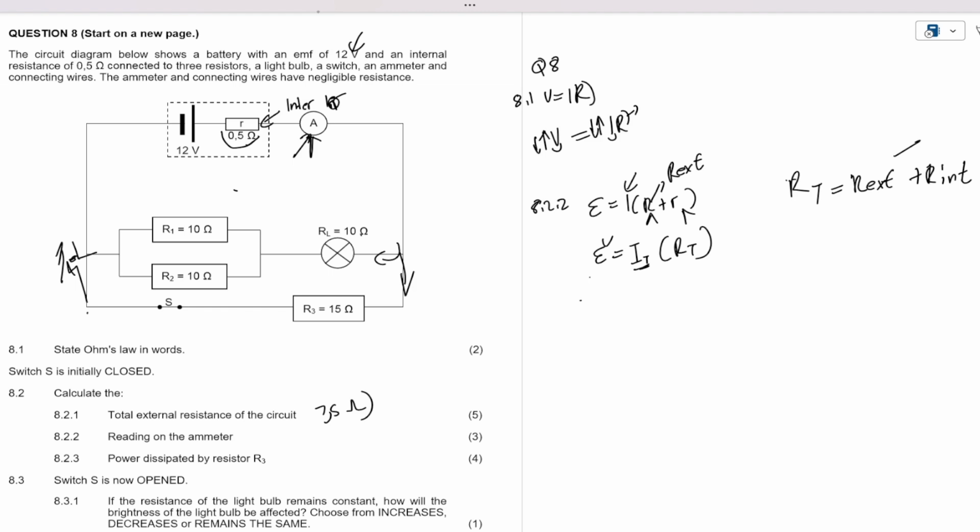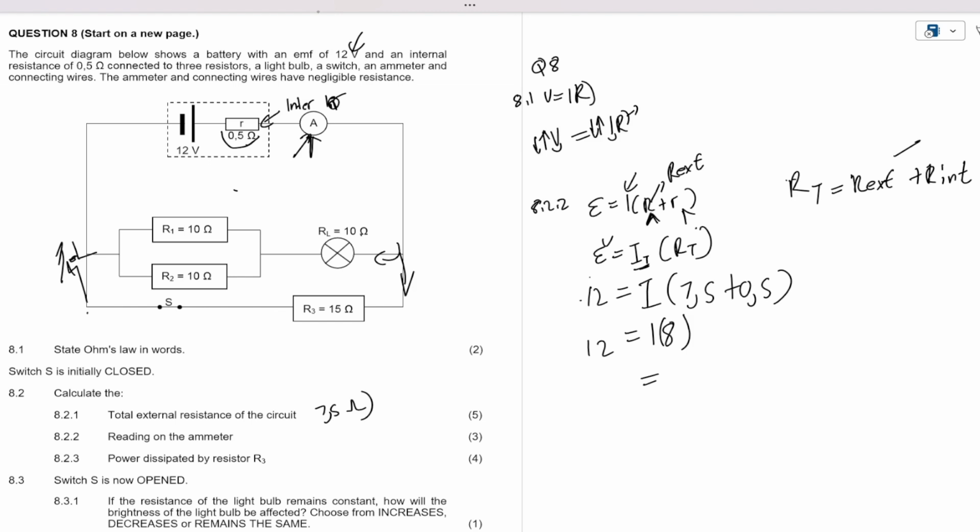So when we are using R total and the maximum potential difference to find the I total, let's substitute 12, and the I total we are looking for, and then the R total is the one that we found. It consists of R external, which is 7.5, and R internal, which is 0.5, and that gives us 8.